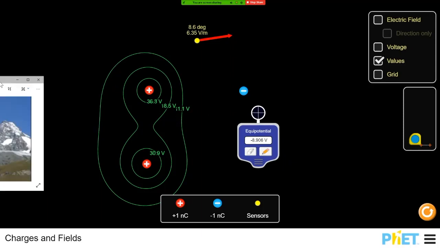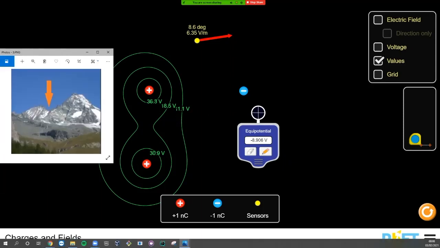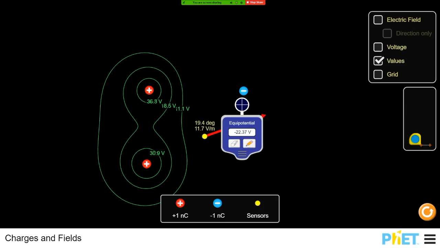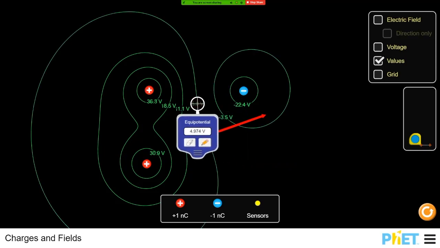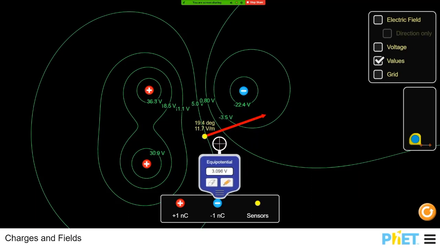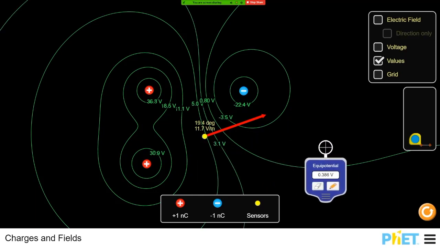Or if you prefer, these are 2 peaks at the very top of the mountains, with a saddle in between on a topographical map. So you could create your equipotential lines. All of these lines connect the dots that have identical values of electric potential.